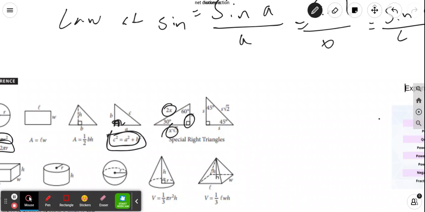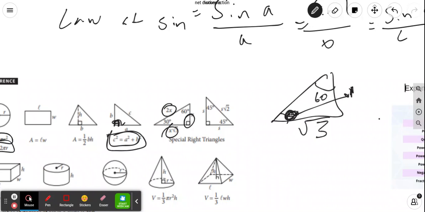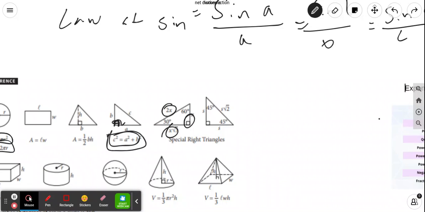It's the 30, 60, 90 triangle. 30 opposite is 1, and because it's the lowest degree, it should have the lowest value. 60 is root 3, and because it's the second biggest, it'll have the second biggest value. And then 90 opens up to 2, because it's the biggest, it should have the biggest value. This is also a right triangle, so if you remember two of them, you can find the other one out.